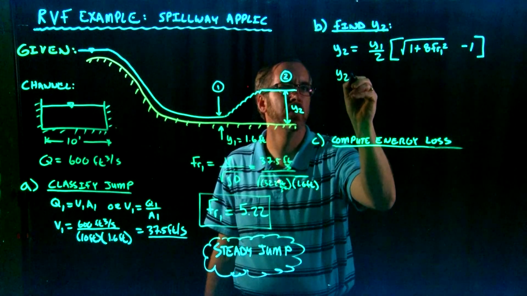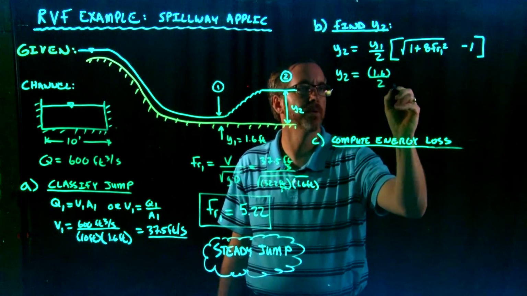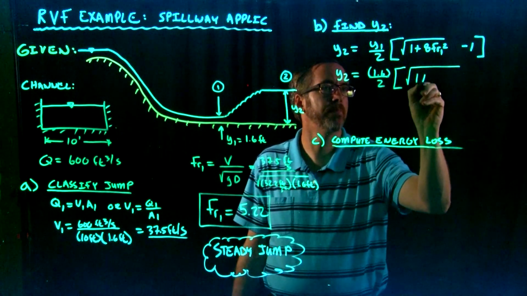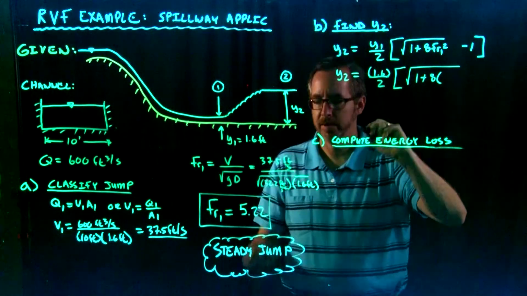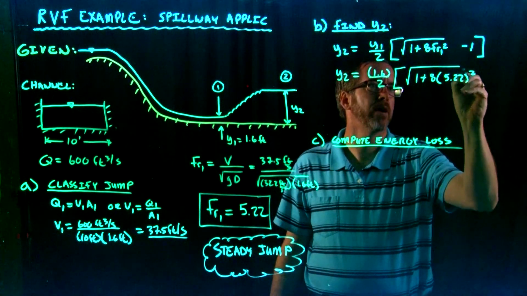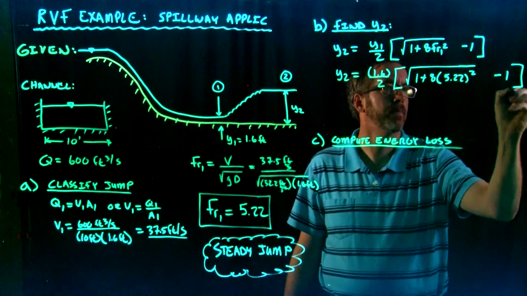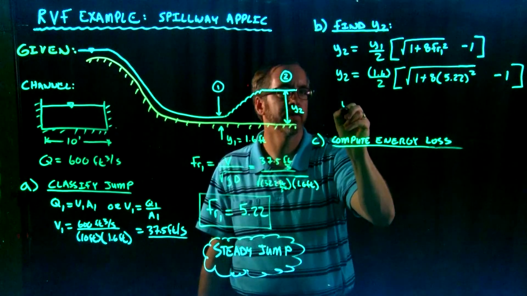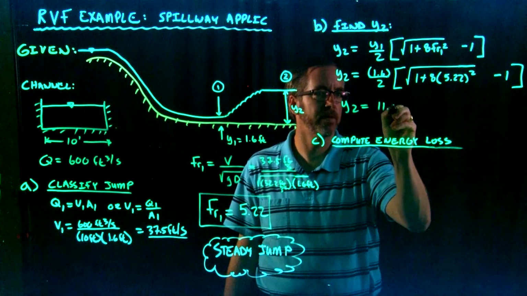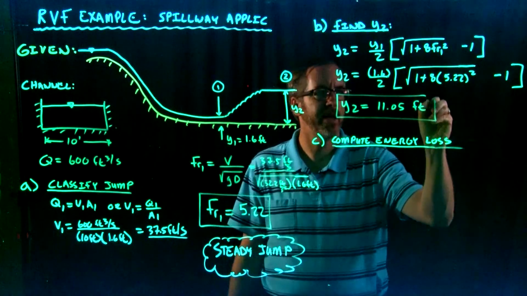So for y2, I have 1.6 feet for y1 over 2, and then 1 plus 8 times the Froude number, which is 5.22, squared. All that's the square root, and then minus 1. This gives me a depth of 11.05 feet.